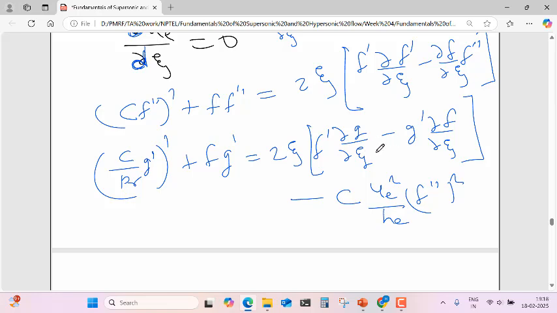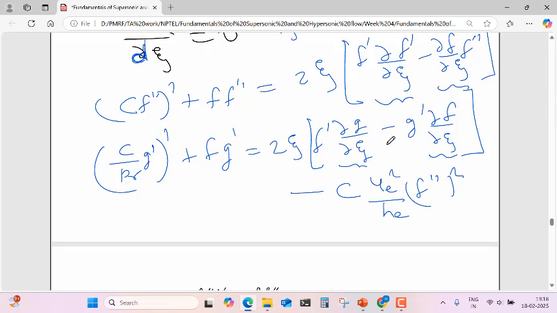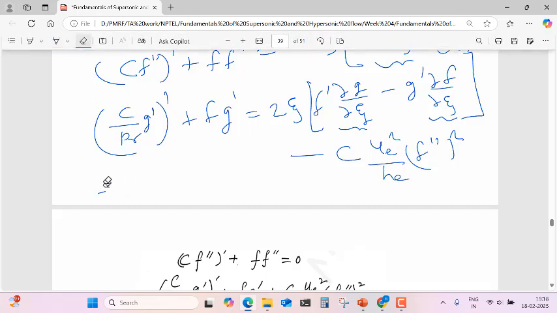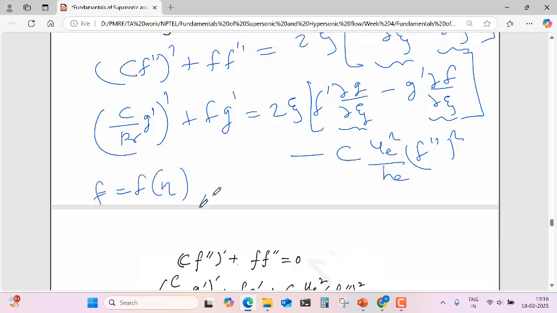So we got these two equations, and in these equations, we have terms which are derivatives with respect to xi. If we want the similarity solution, this equation should be independent of xi. So if we take f as a function of eta only and g also a function of eta only, then these terms will not be in the equation.